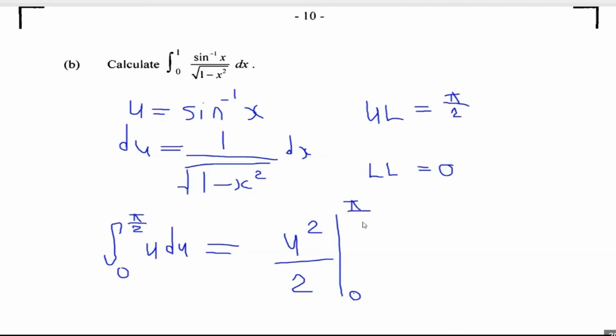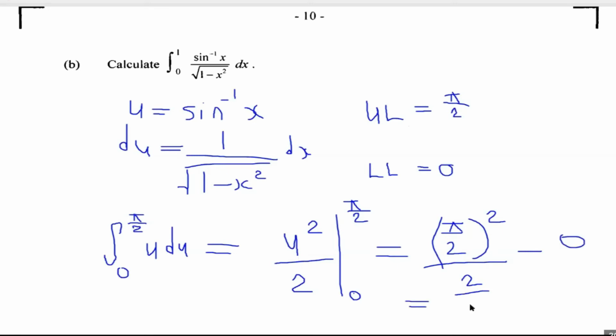Nice and easy. So all I do is plug in pi by 2 right here to get pi by 2 all squared over 2, minus, when we plug in 0, that's just 0. So pi by 2 all squared over 2 looks like pi squared over 8.